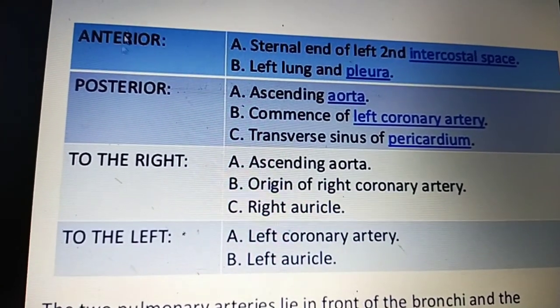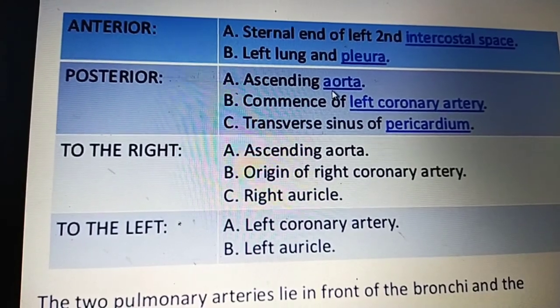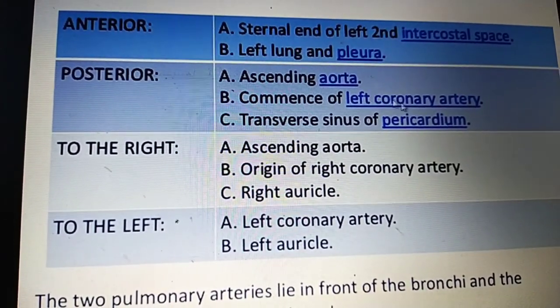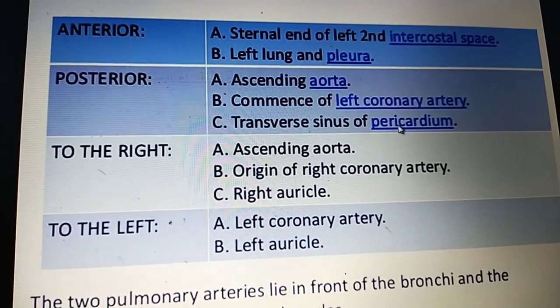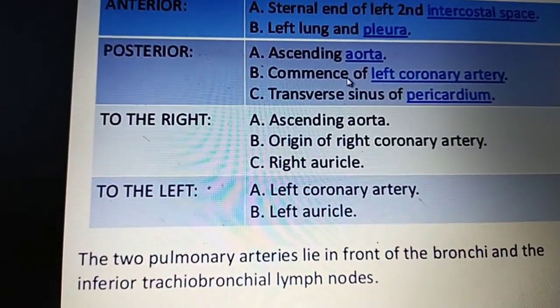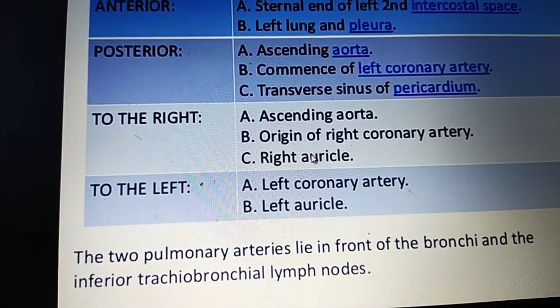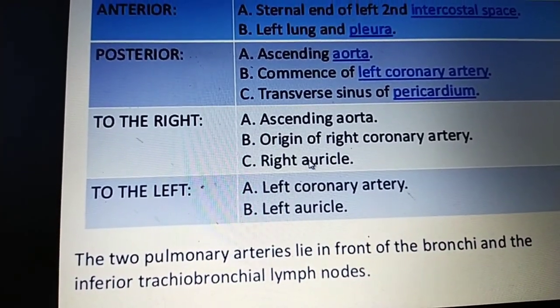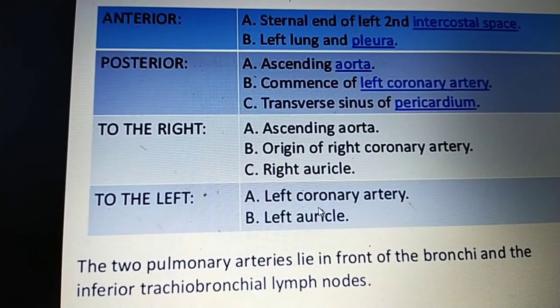All relations are present anteriorly. Posteriorly, the ascending aorta, the left coronary artery, and the transverse sinus of the pericardium. To the right, the ascending aorta, origin of the right coronary artery and right auricle or right atrium. To the left, the left auricle and left coronary artery.